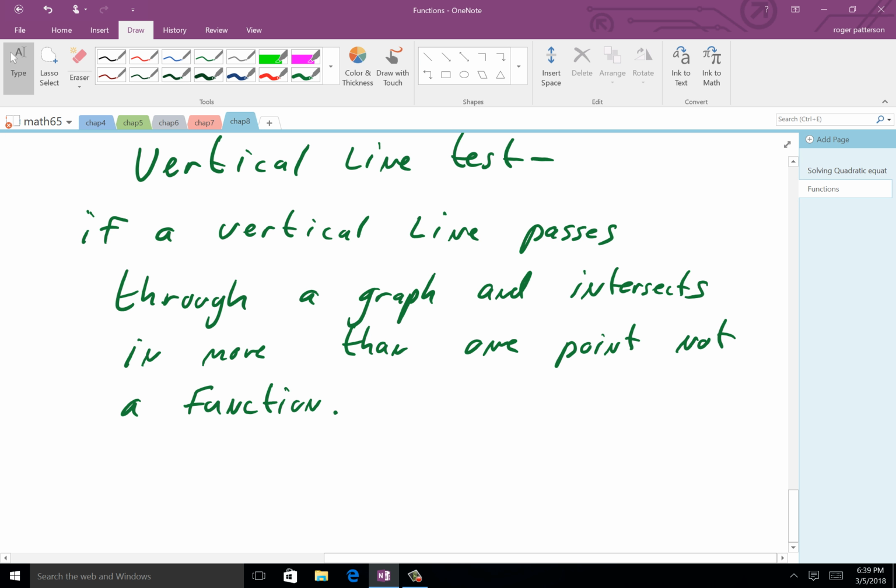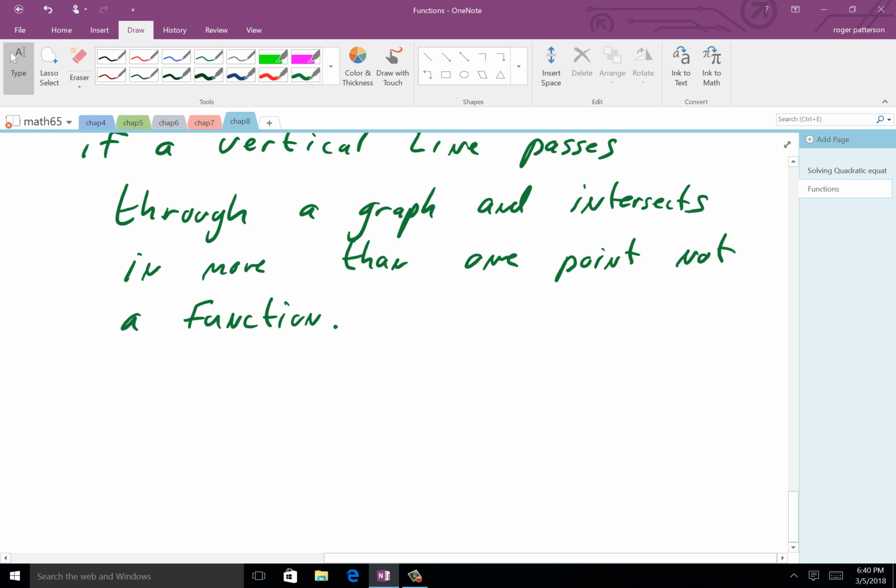So that's pretty much it. That's chapter 8.6. It's just evaluating and looking at the domain and range. There are some interesting ideas with functions that you can think of.